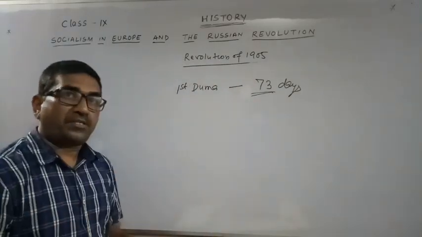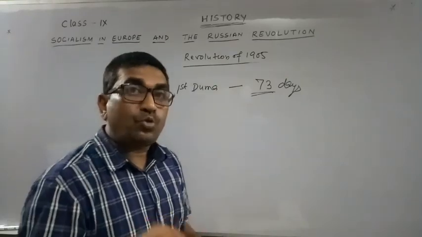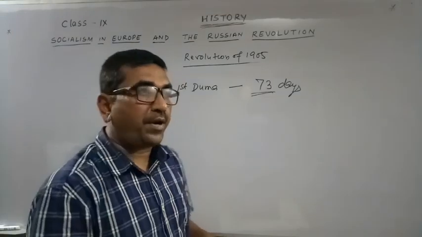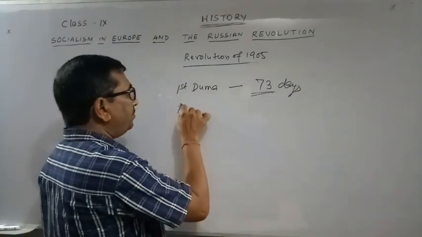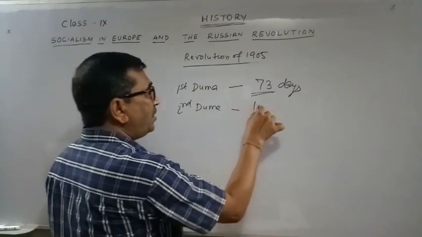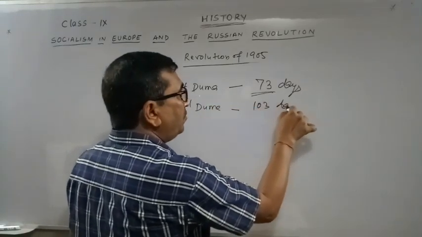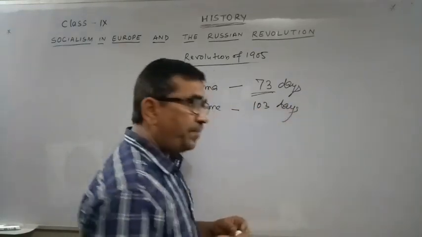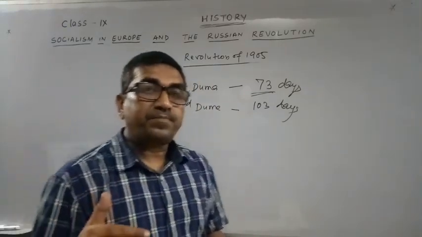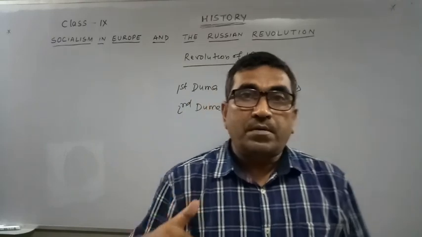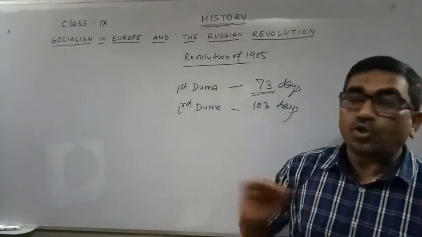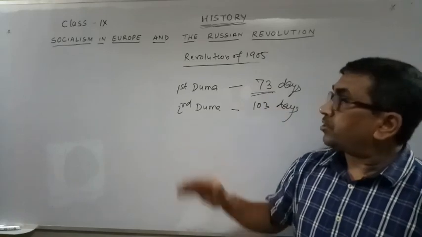Then within 3 months the second Duma was re-elected, reappointed, and this second Duma lasted for 103 days. Why was the Tsar Nicholas frequently banning and disobeying this Duma?